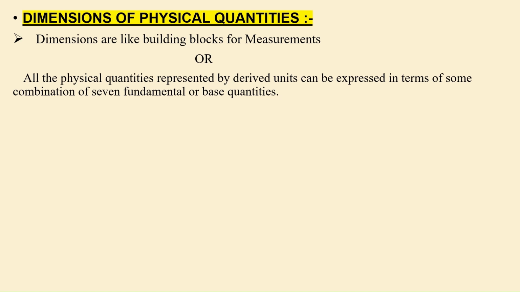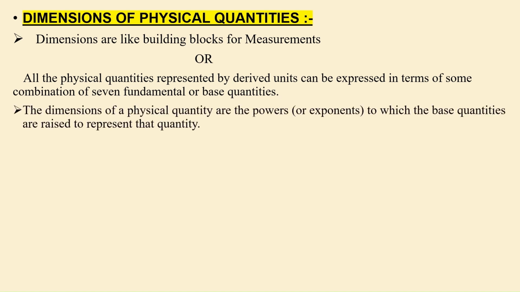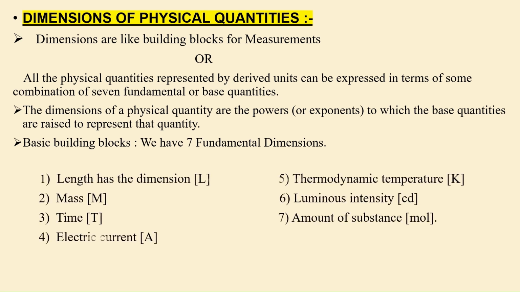All the physical quantities represented by derived units can be expressed in terms of some combination of 7 fundamental or base quantities. The dimensions of a physical quantity are the powers, or exponents, to which the base quantities are raised to represent that quantity. Basic building blocks, we have 7 fundamental dimensions. 1.